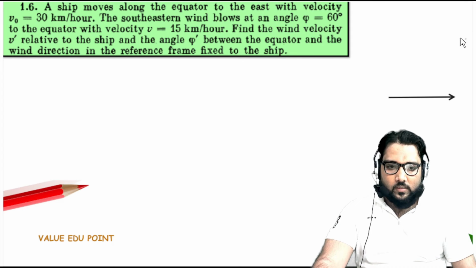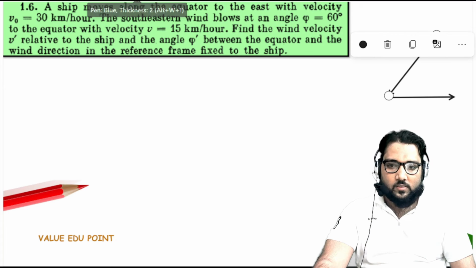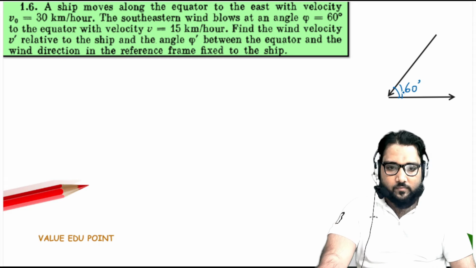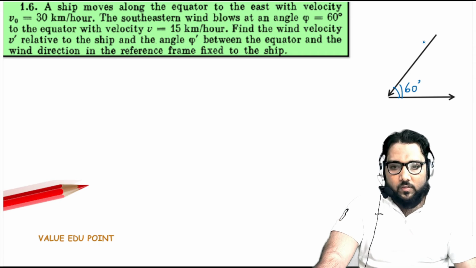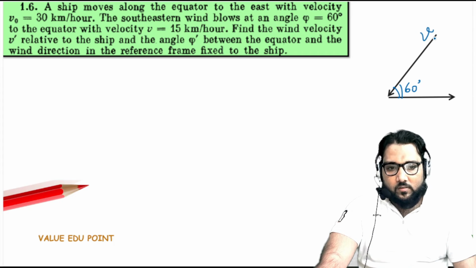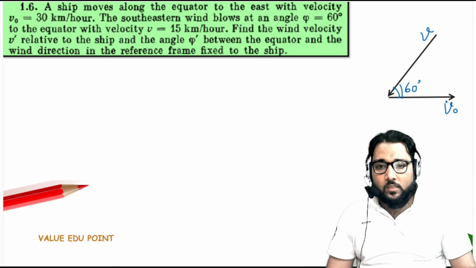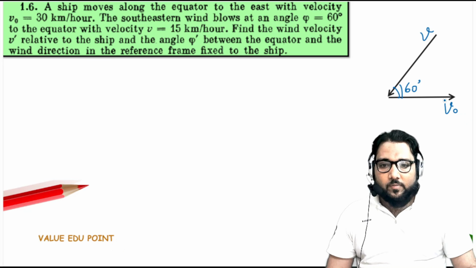So we can say the wind is coming in this direction, 60 degrees to the equator, with the velocity v, and this is the velocity v naught, the ship velocity.